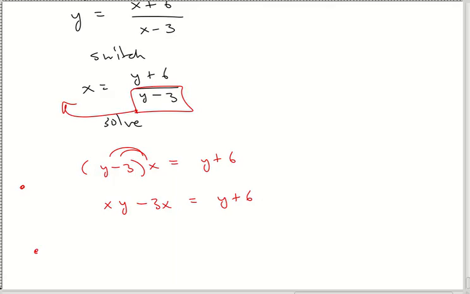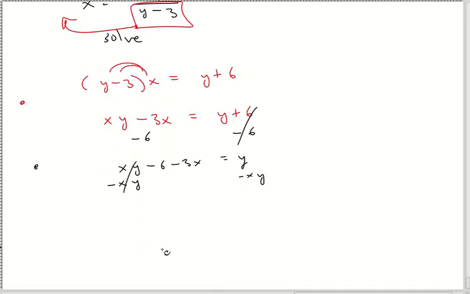And remember what we're looking for here. What we're looking for is I want to get y by itself. Like y equals. What if I minus 6 on both sides? Okay. What if I minus xy on both sides?